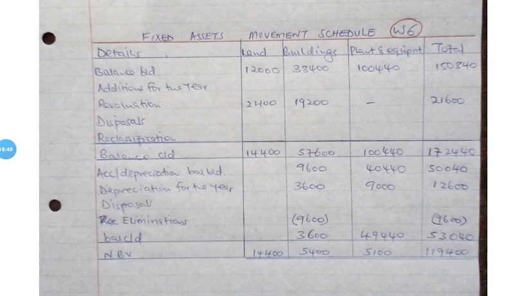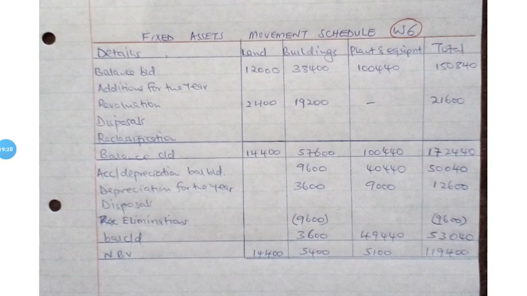So that balance cut down, you're supposed to take the previous balance cut down for the fixed asset above, the one that we have ruled, we have double ruled. That is the balance cut down for land 14,400, buildings 57,600, plant 100,440. We take that figure, we less the balance cut down below there.